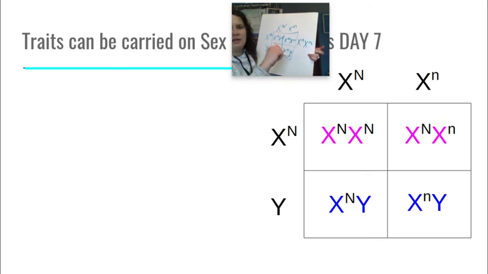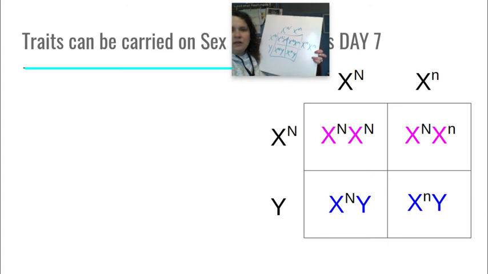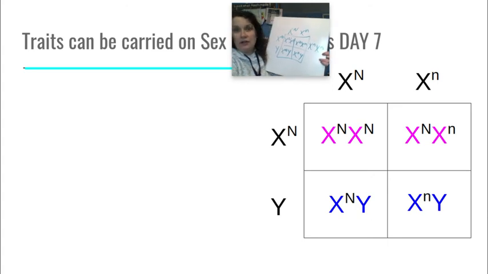So she has to have two recessive alleles. When it comes to sex linked traits, boys, males, only have to have one recessive allele to express it. So who do you think colorblindness is more common in? Male or females? Males, yeah, you guessed it.